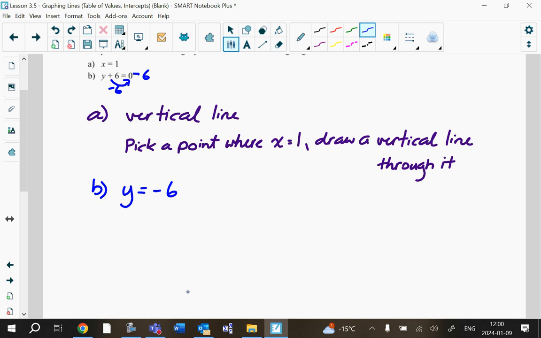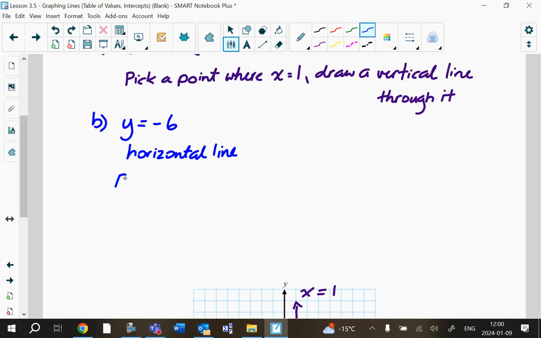Only has a y in it, which means this time it's going to be a horizontal line. And this time, we pick a point where y is negative 6, and then draw a horizontal line through it.